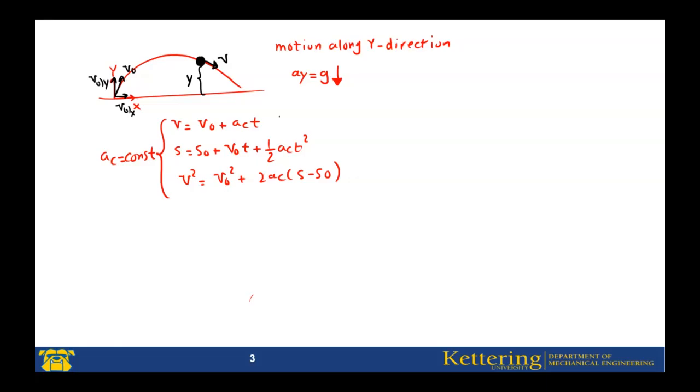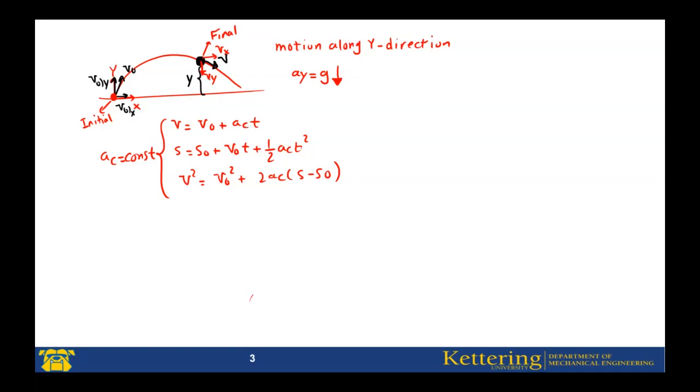To find these along y, look, this is the initial position and this is the final position. At the final position, velocity has one component along x called Vx, and also one component along the y direction, Vy.